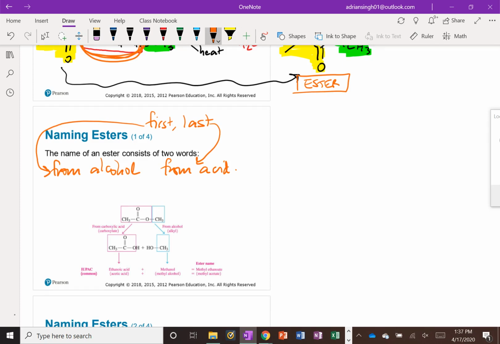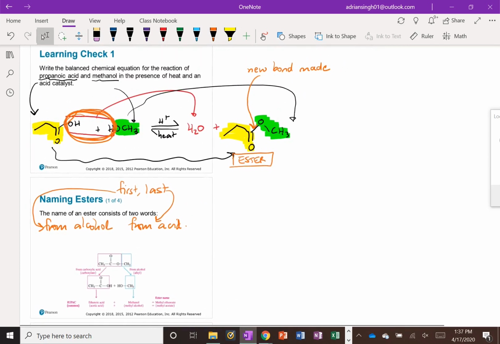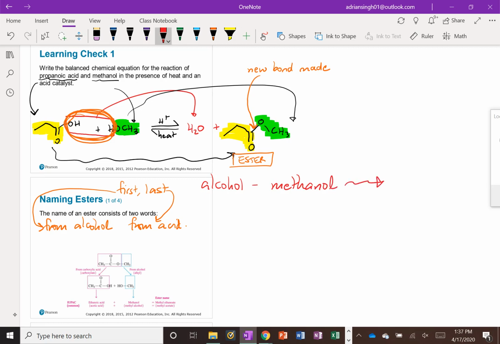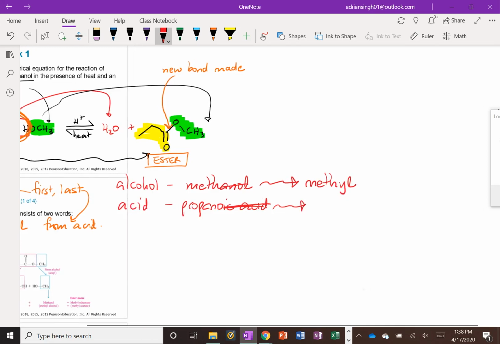If we take a look at the example from above, the alcohol that we used was methanol, and the way that we change it to be a first name is we drop the anol and replace it with YL. So it becomes methyl. And then the acid that we used was propanoic acid. We're going to change this the same way like we did when we named the carboxylate ion previously.